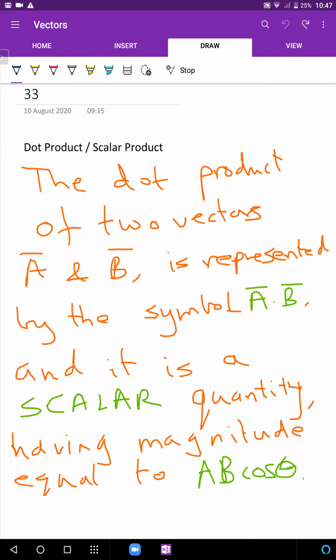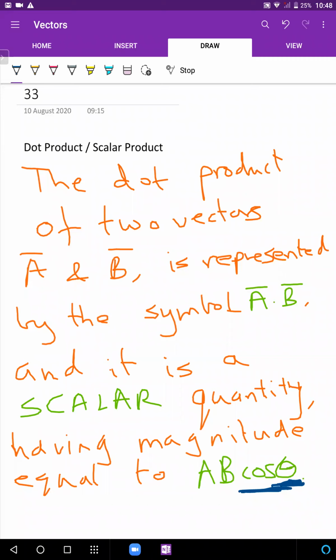What is cos theta? So theta is actually the angle between the vectors, the way we have studied in the past. Well, theta is the angle between the vectors when the tails are joined. So cos theta, angle between vectors क्या हो सकता है? 0 से 180 हो सकता है ना? And 0 से 180 का cos क्या होगा?